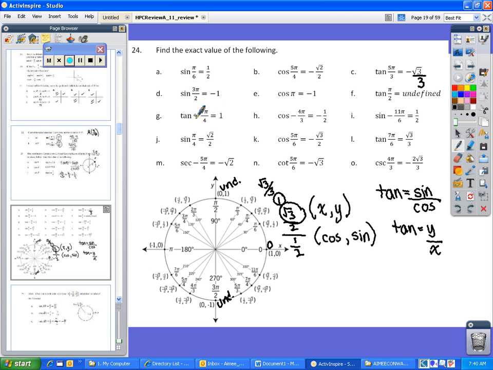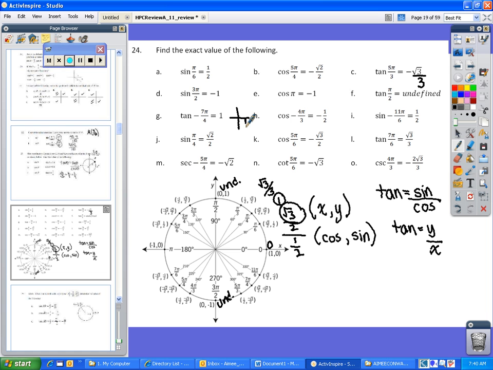Maybe some of the ones that you might be wondering about are the negatives. So if I'm taking the tangent of negative 7 pi over 4, on my coordinate plane, 7 pi over 4 is in the fourth quadrant, which means I start here and go all the way around to 7 pi over 4, which is basically 315 degrees. Well, I'm taking the tangent of negative 7 pi over 4.